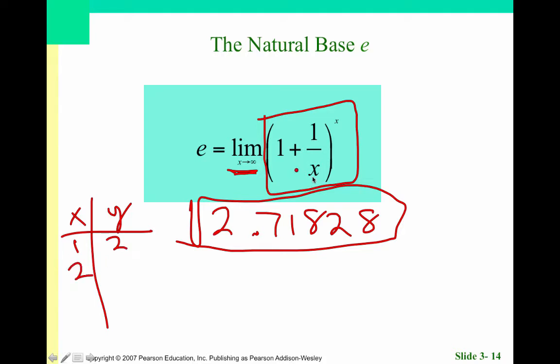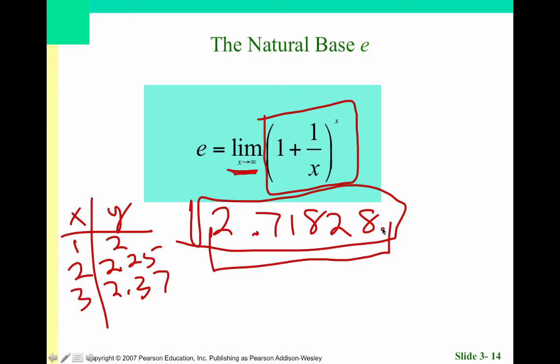And then I put a 2 in there. 1 plus 1/2 is 1 1/2, but I'm squaring it. So 1 1/2 squared is 2 1/4. And then the next would be put in a 3. 1 plus 1/3 is 4/3, and you're going to cube it, and you're going to get 2.37. This will continue, and you could see it on a table if you wanted to. As you climb up, this is the number that you will approach.